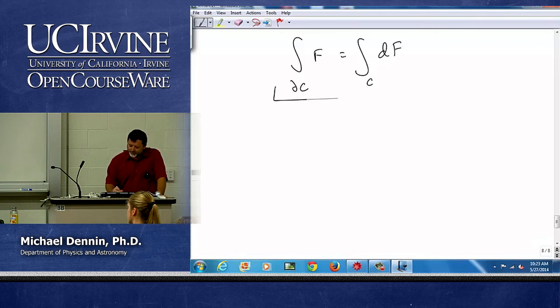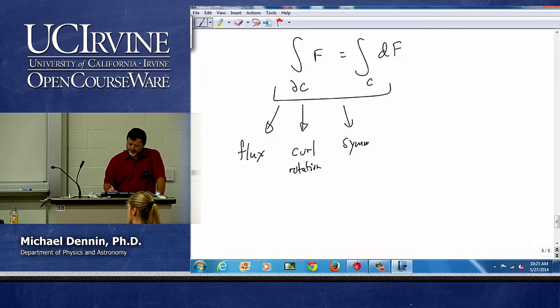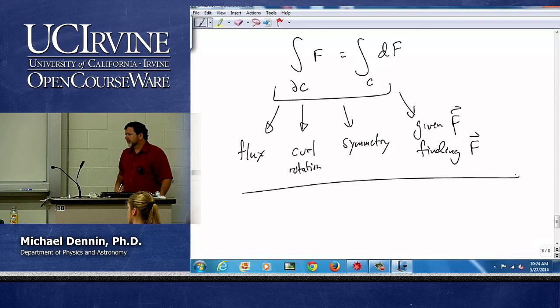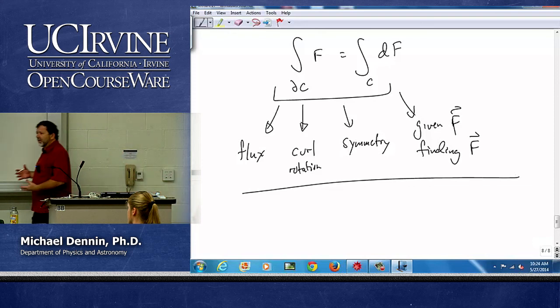But in this simple idea was contained a ton of physics ideas. There was the flux idea. There was the curl being related to rotation. There was the use of symmetry. There was the different question of whether you're given F or you're finding F. And probably even more that I'm not thinking of right now.